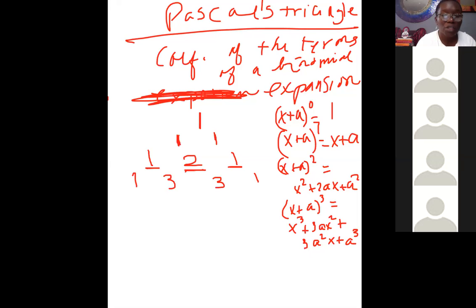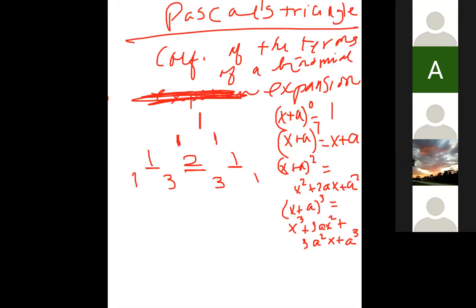Oh, coefficient. You're good now? Or do you want me to explain it? Yeah. Okay. Is the 7 on the x plus a supposed to be a 1? Is the 7, that's supposed to be a 2, Gabby. That's a 2. Okay. All right, guys.